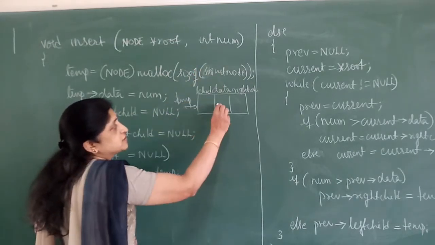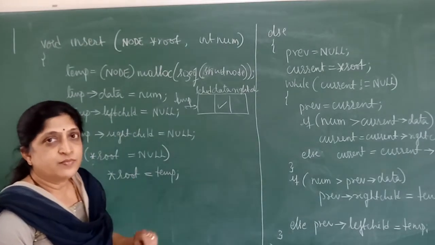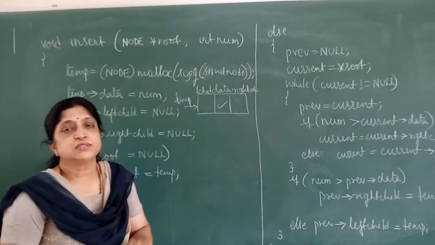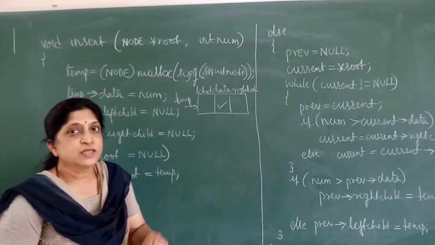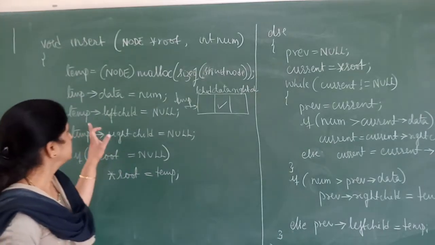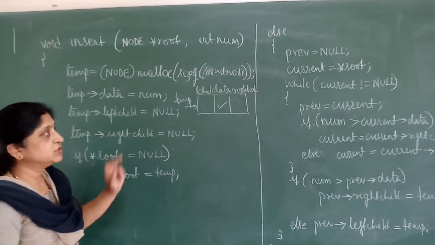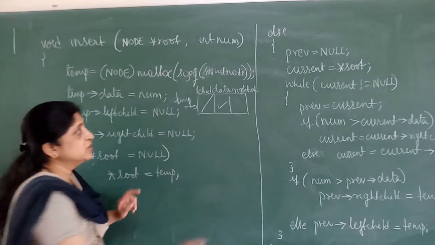So this value gets copied here, and in a binary search tree, whenever I am inserting a node, that will be the leaf node. We do not insert in between. Since the leaf nodes always have null in their pointer fields, I can make temp left child equal to null and temp right child also equal to null.